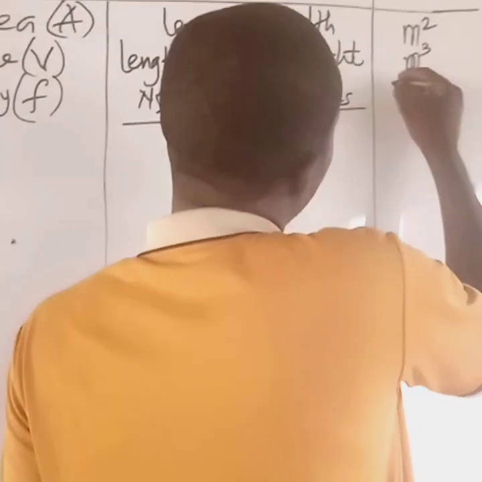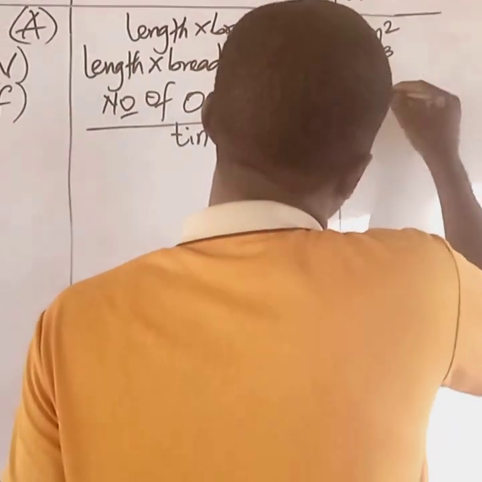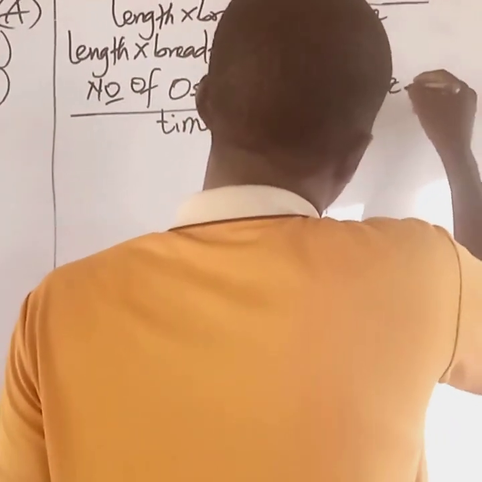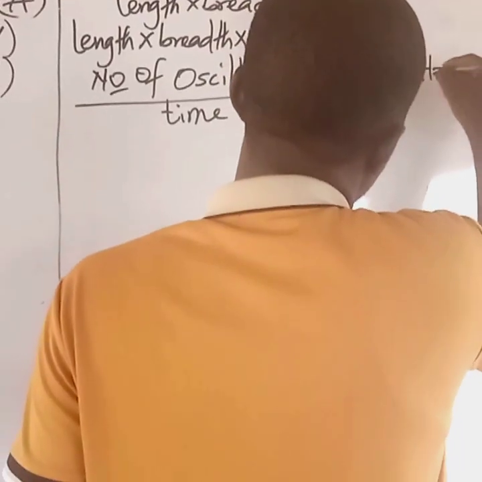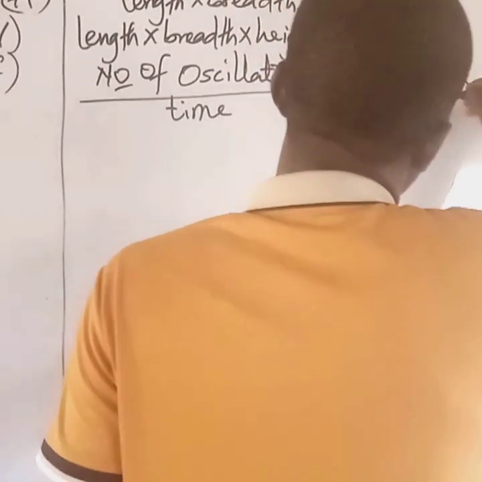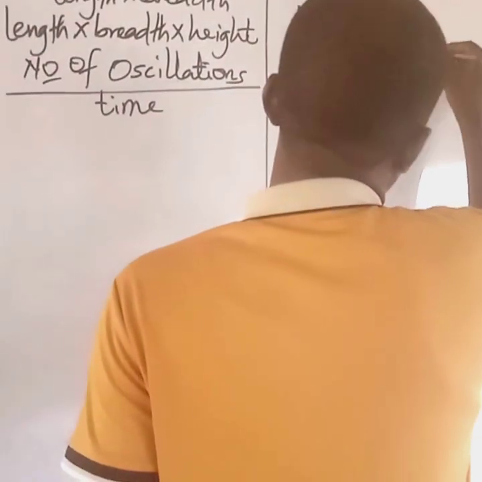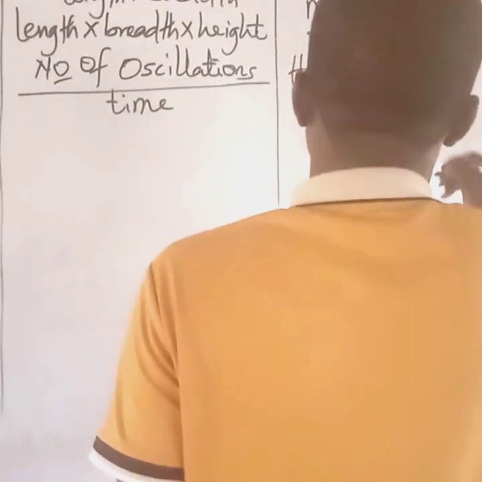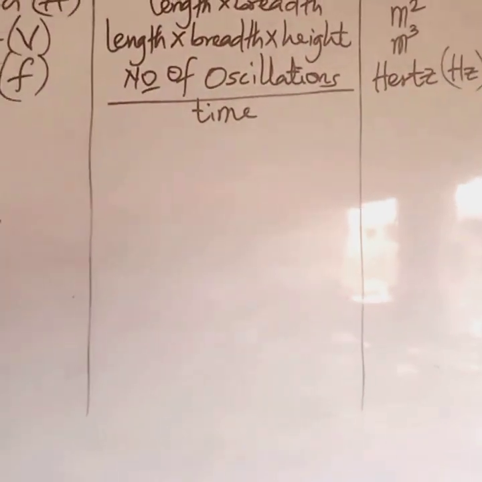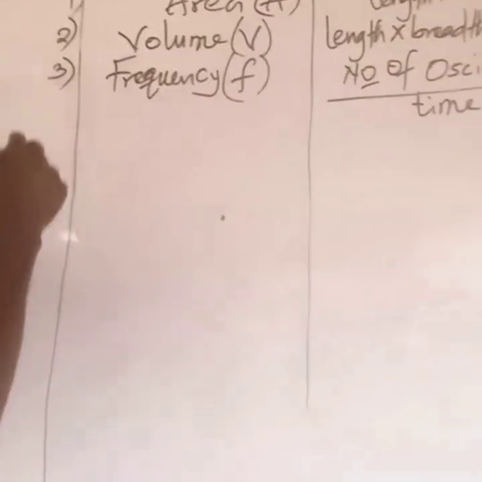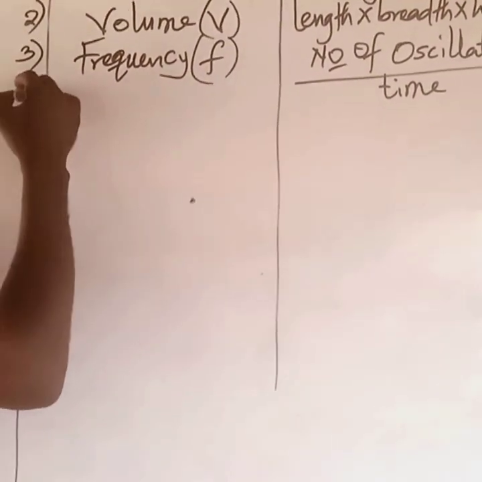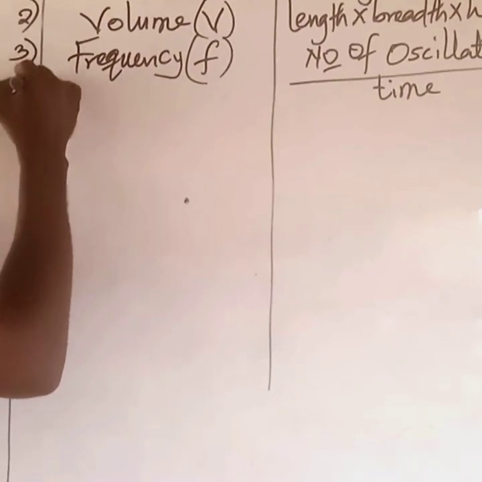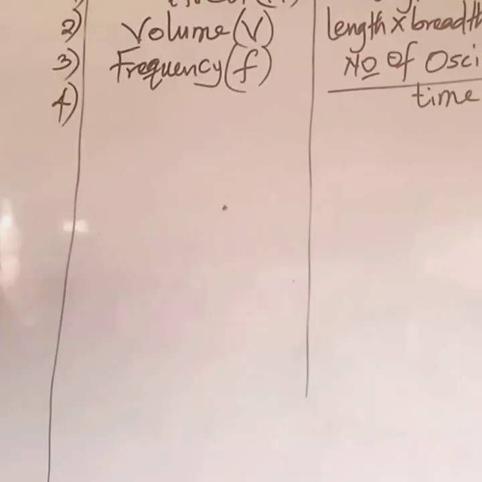The SI unit for frequency is hertz, Hz. But we also have a unit, per seconds.